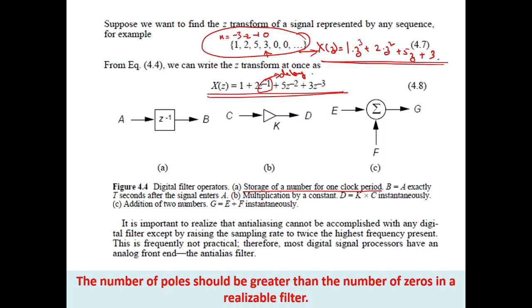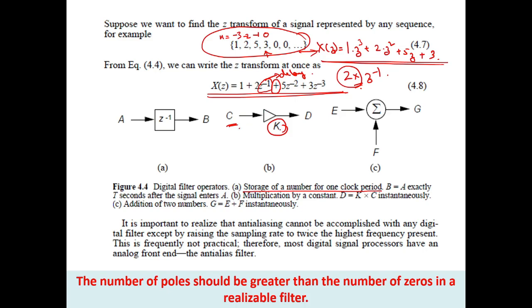So what is the next operator? If you see, 2 multiplied by z inverse. So the second one is the multiplier. And the third one is pretty simple, plus, which is the adder. Multiplier and adder, I feel everyone knows. You have an input, you have a multiplier, in this case it is 2.